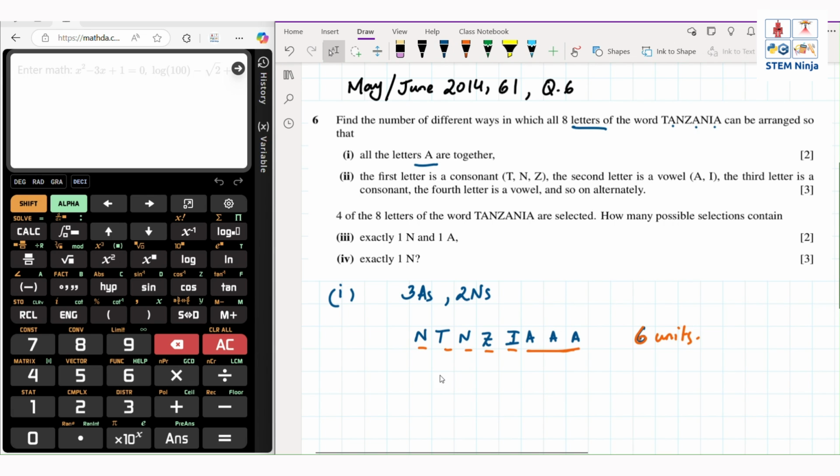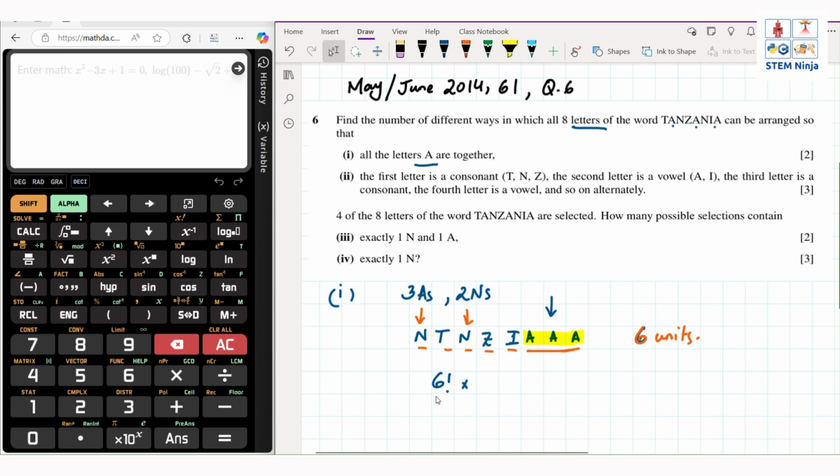So for 6 units we will do 6 factorial. But these 3 A's internally, this group is identical. So all the A's are identical, so we do not need to do 3 factorial divided by 3 factorial. However, these two N's can be in different places, so these are identical cases.